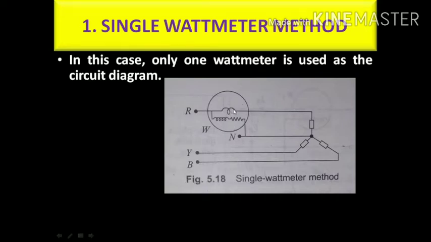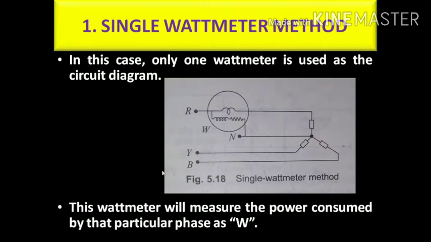The first coil, which is connected in series with phase R, is called the current coil, and the second coil, which is connected in parallel across the terminal R and the neutral point N, is called the pressure coil, and it will measure the voltage. So the power consumed by the circuit is nothing but the W here. We can say that the wattmeter will measure the power consumed by the particular phase R as W.